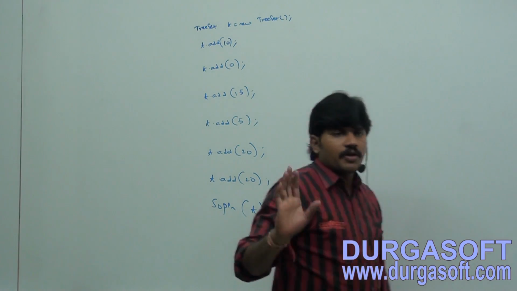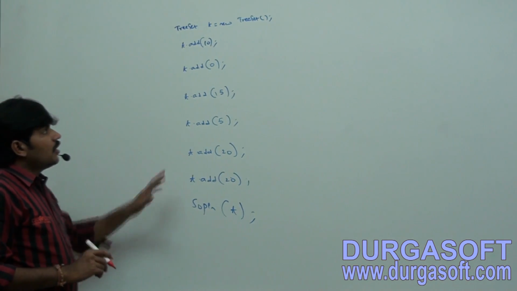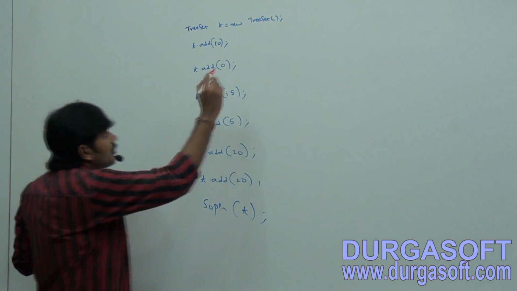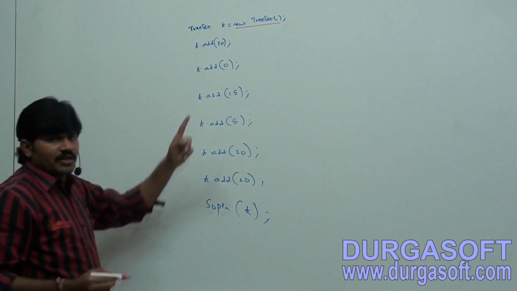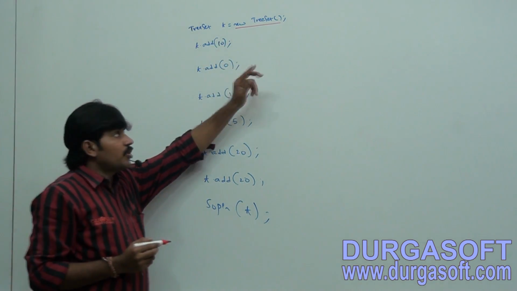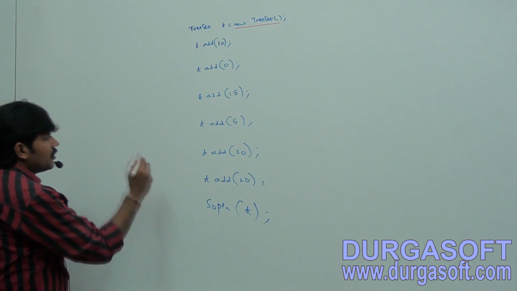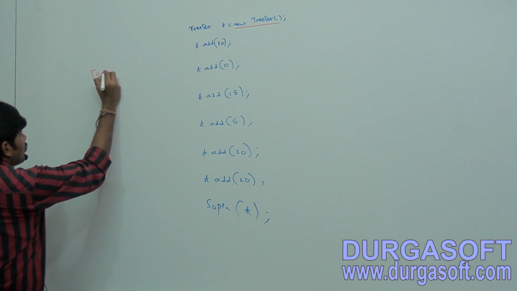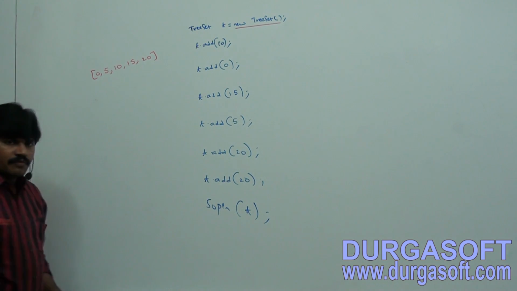Now my requirement is, listen, if I run this and I'm following the default natural sorting order, because I used the first constructor, what is the output we are going to get? 0, 5, 10, 15, 20.